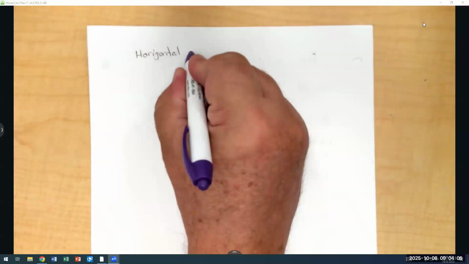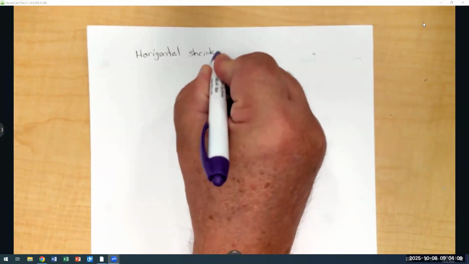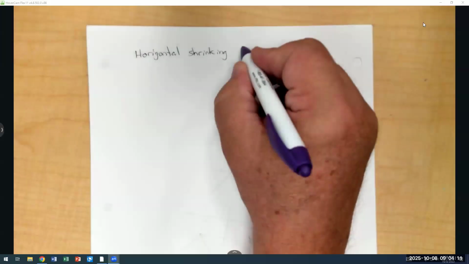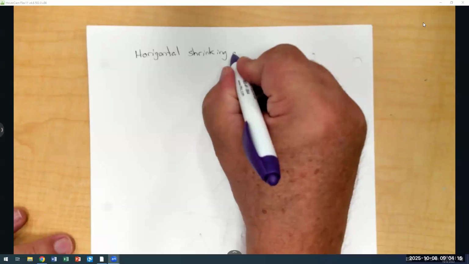Horizontal shrinking and stretching. Now, I'll do the next.